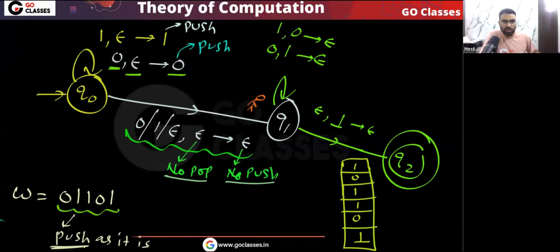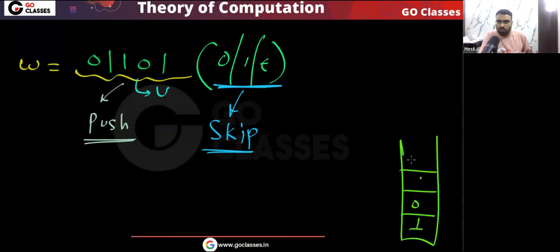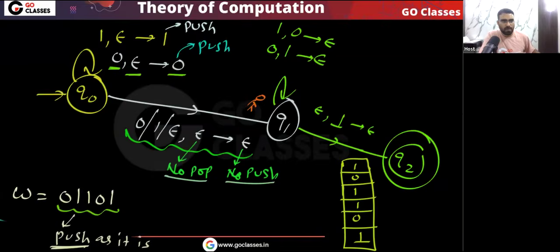In the state Q1, what are we doing? Tell me. Here you can easily see you have this on the stack: 0, 1, 1, then 0, 1. Now notice something nice we are doing. For 1 we are popping 0.